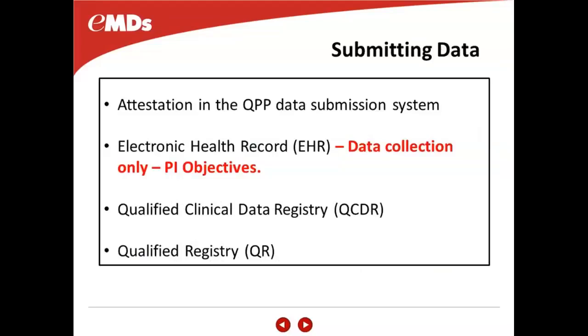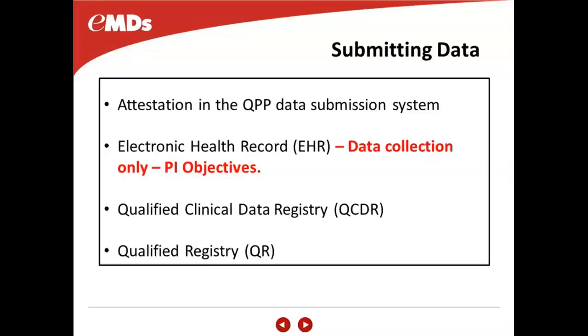The attestation can go through the QPP data submission system. However, with our system, keep in mind that you don't have the ability to submit a QRDA file that would be accepted at the QPP website because of the time period on that.